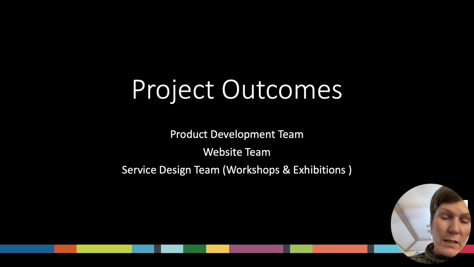The second solution that the students came up with was an educational platform that they designed using a website to reach the public about their sustainability education initiatives. And the third strategy that the students developed was a service design strategy through which they planned to deliver various workshops to reach the community, which included exhibitions of their artifacts.